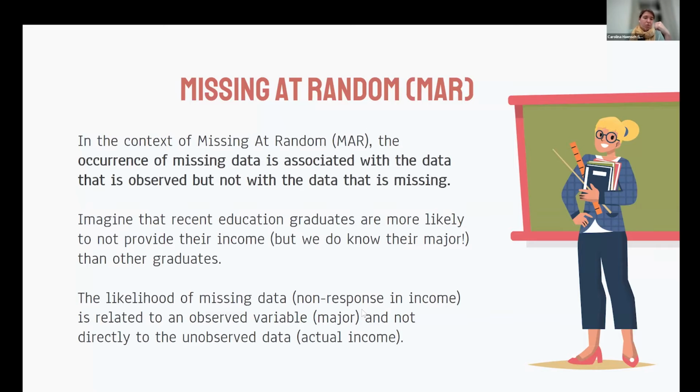So the likelihood of the missing data is here related to something that we did observe. So we have the major for every graduate. And this is a good thing. And at the same time, it's not directly related to the unobserved data, so to the actual income. So the missingness depends on something we have observed, the major, for example, and we will make use of that fact.